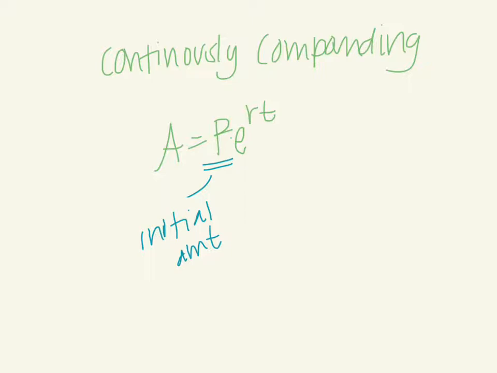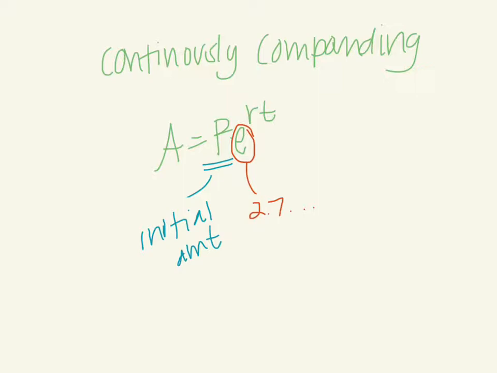E is a number. E is that irrational number, 2.7 and so on and so forth. You're going to get that by hitting, if you have the 84, the second key and then the division key. I just double checked that on my calculator.